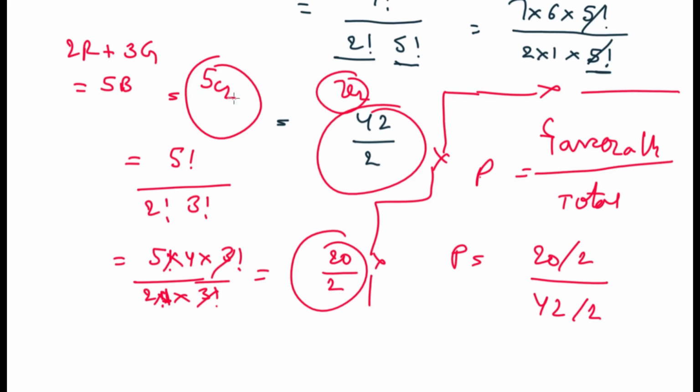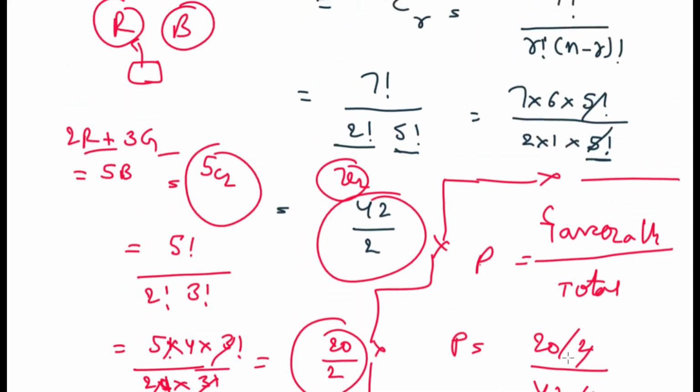Then we have the condition that we have not to choose the blue balls, so we have chosen 2 balls out of 5. These 5 balls are not blue because these are either red or green. So let's just cut it out. It will be 20 by 42. Solving it, it will come to 10 by 21. That's it. No more cutting. Just divide by 2.